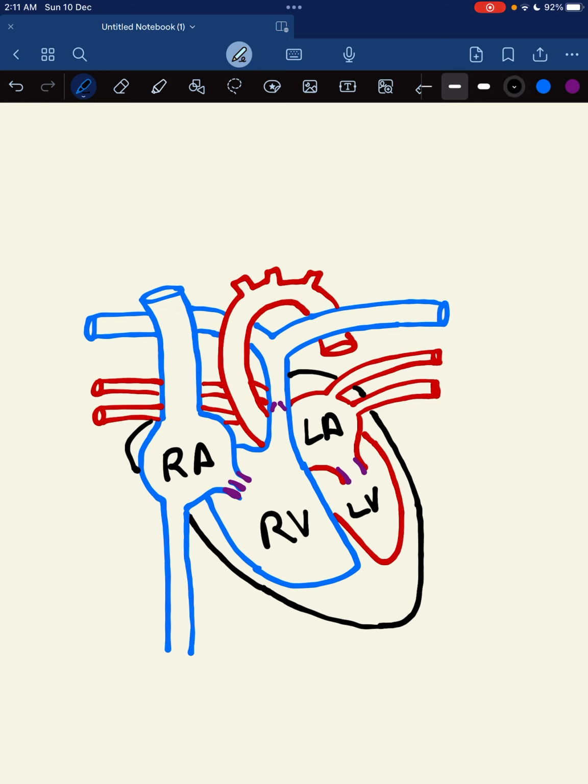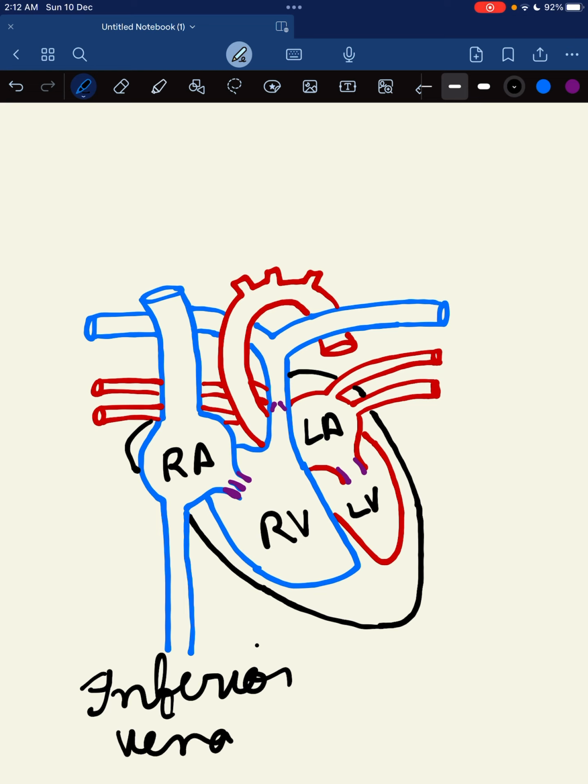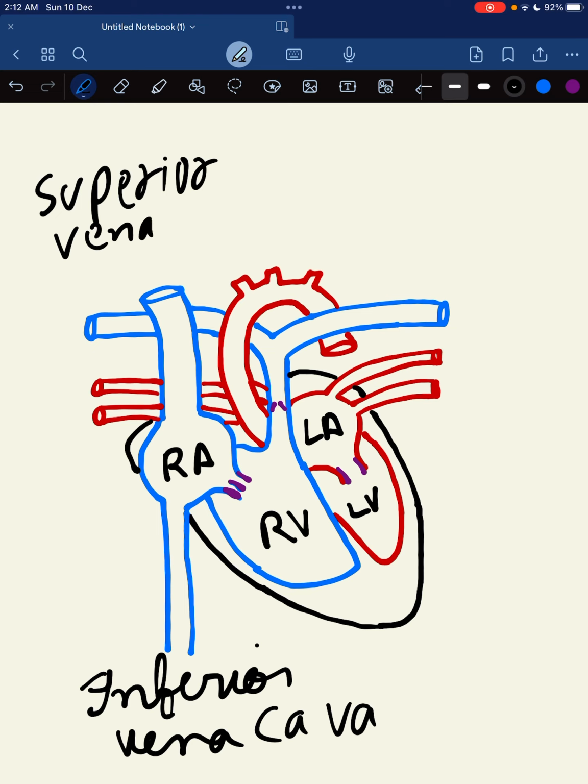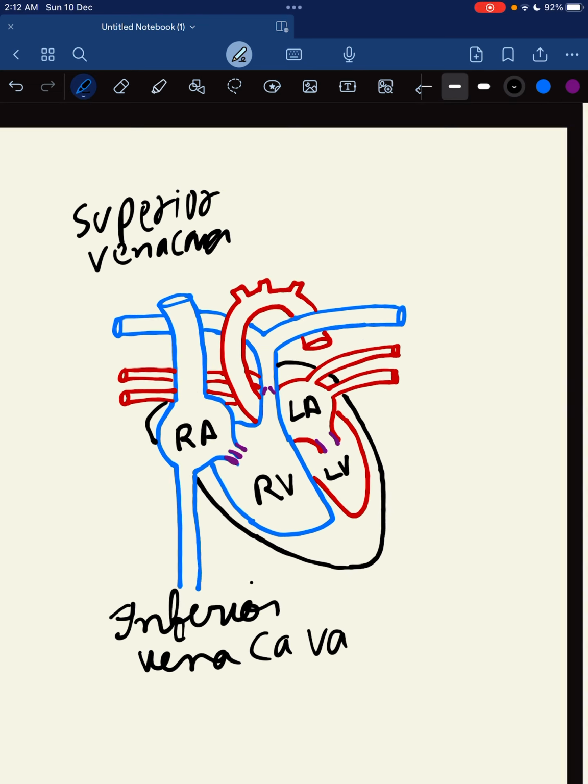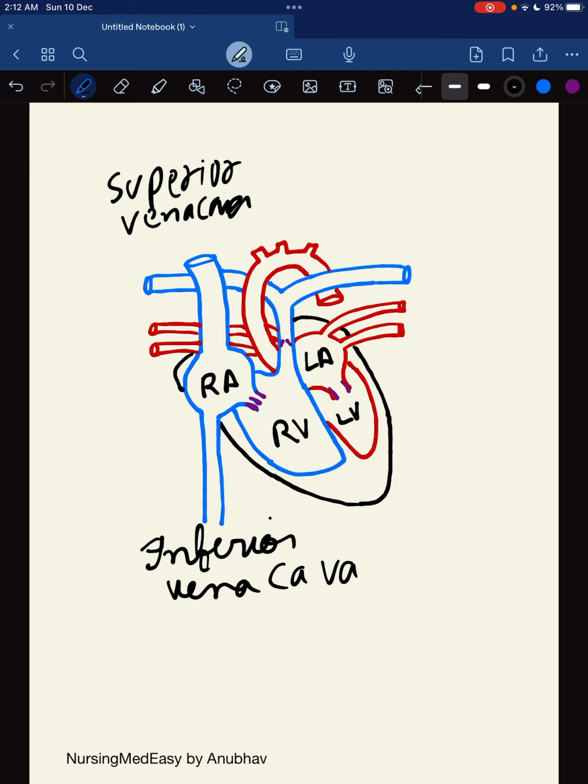There is the inferior vena cava and the superior vena cava. The blood coming from the superior and inferior vena cava enters the right atrium.